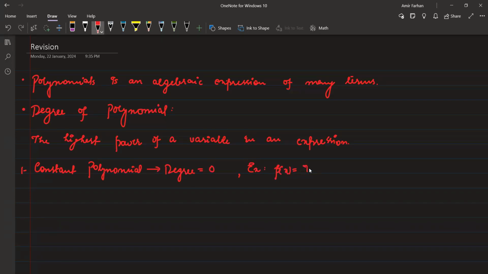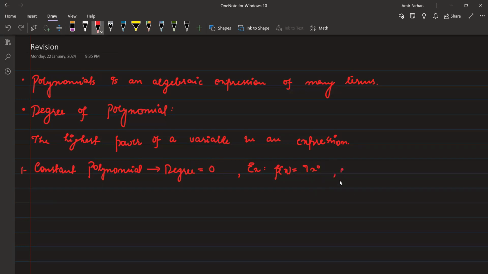You can see this thing, because if 7 is getting multiplied with 1 as well, can I write 1 as x to the power 0? Yes. So here in this polynomial, which one is variable? X is variable, and what is the power of this variable? 0. Only one variable is present, so degree would be 0.